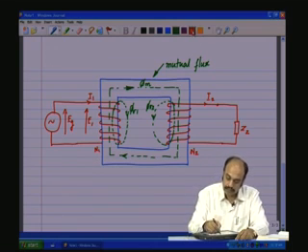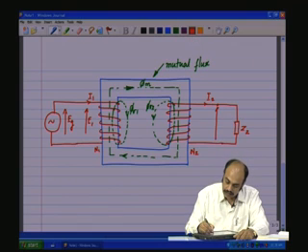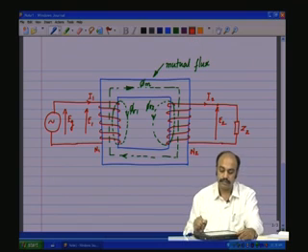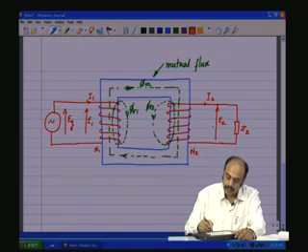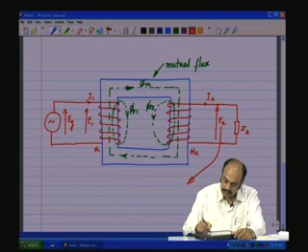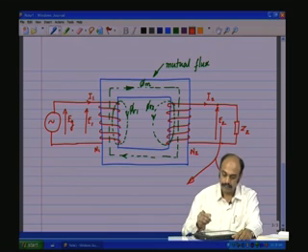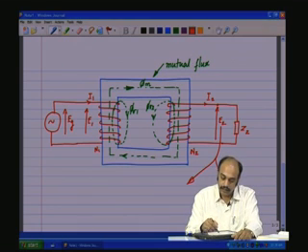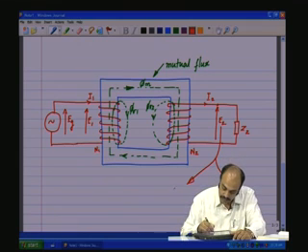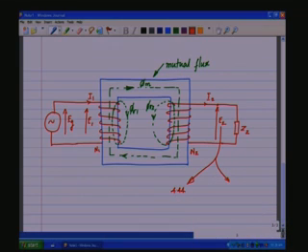So, if we look at even the induced voltages at the primary and the secondary, now the secondary induced voltage is composed of two components. The voltage due to the mutual flux which links the primary and the secondary, phi m, which is 4.44 N2 F phi m.